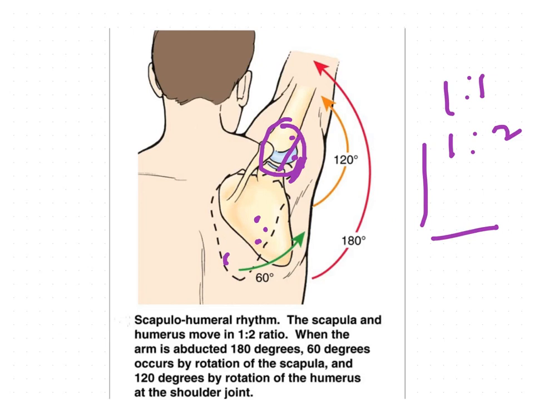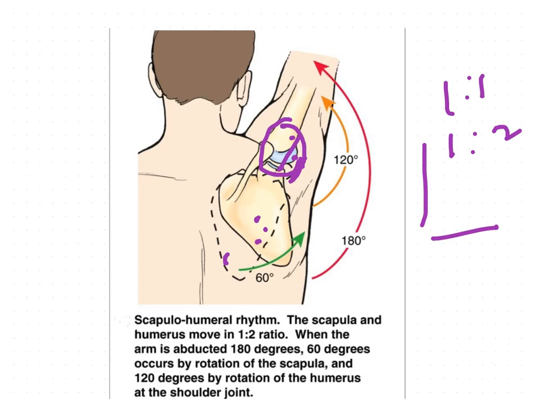Some investigators like Poppen and Walker found that the glenohumeral to scapulothoracic ratio is 5:4 between 24 degrees and maximum elevation in the plane of the scapula. So here the ratio is reversed.